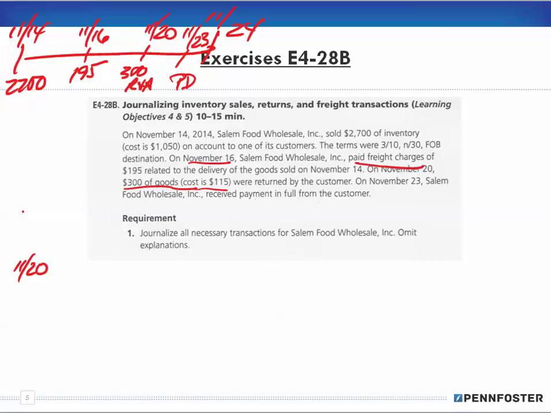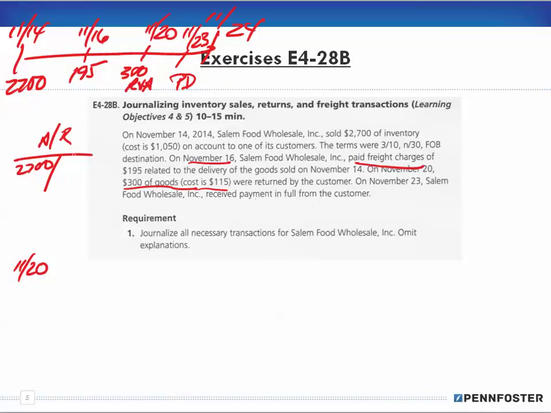Am I affecting cash? No. Am I affecting accounts payable or accounts receivable? Yes. Why? Because I affected my accounts receivable because from November 14th I billed $2,700 to my accounts receivable.